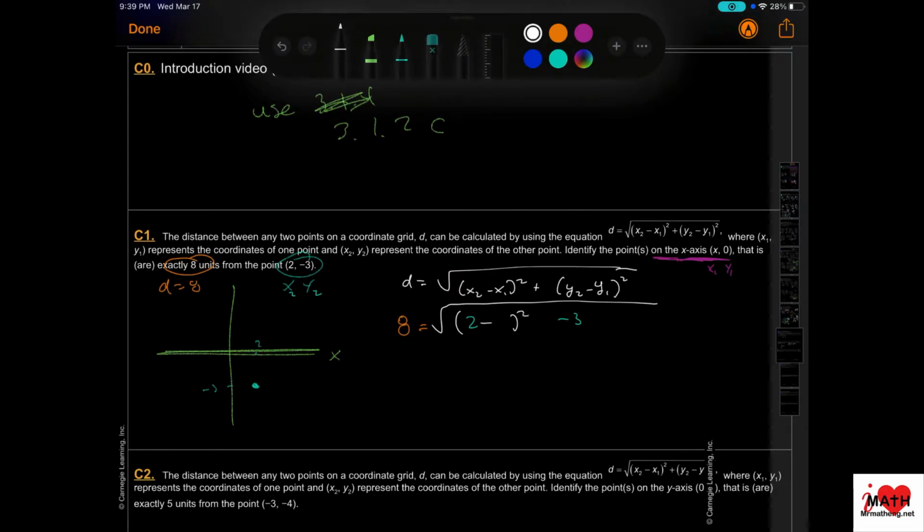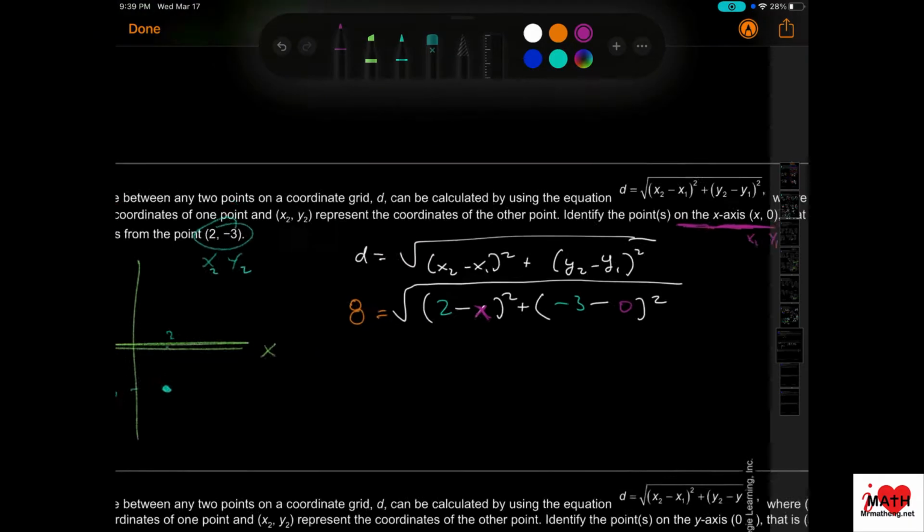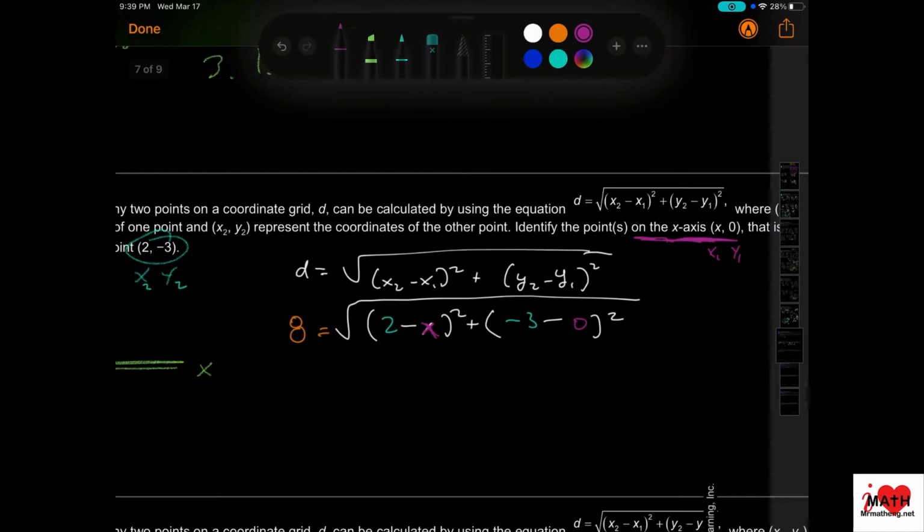I'm going to put everything in there. Our x1 is, we're going to call it x. And y1 is 0. Basically, if you think about what we're doing here, all we have to do is just solve for x.